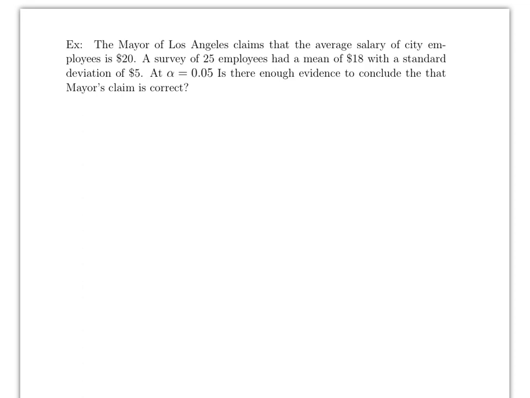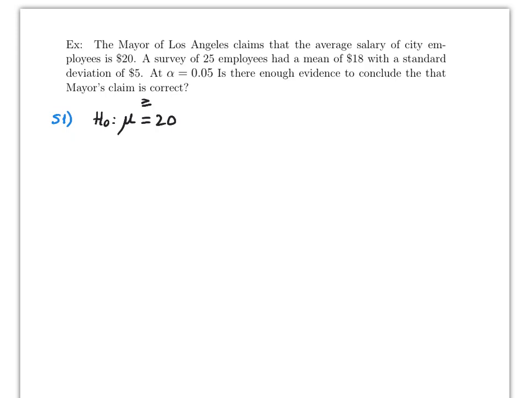So here, the mayor of LA claims that the average salary for city employees is $20. So for step 1, the claim is that the average is 20. Actually, he's claiming it is more than or equal to 20, because nobody's going to complain if they pay you more than 20.